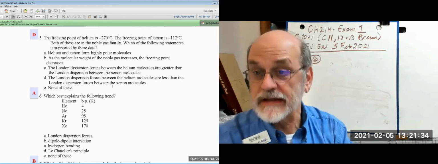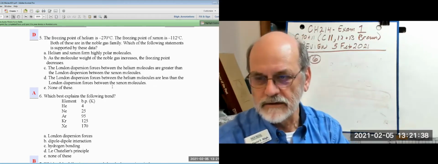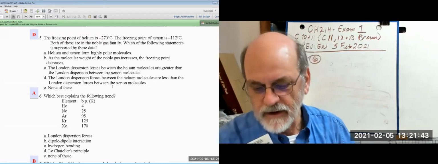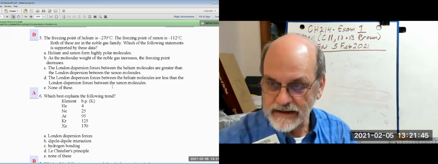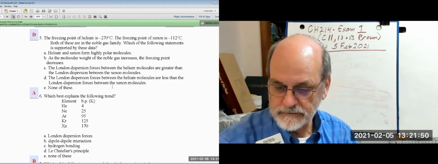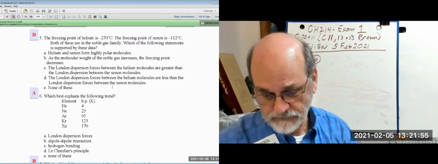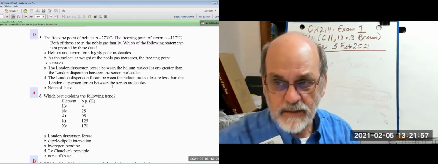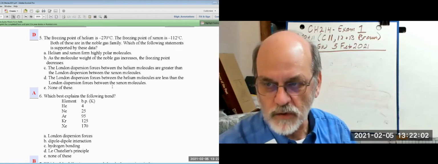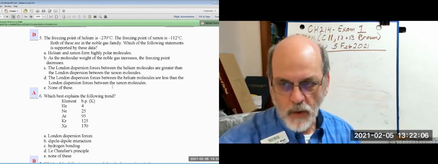These values are in Kelvin, right? So helium is 4K. We don't say degrees. 4K for helium, and xenon is 170K. So you're increasing. In fact, I think liquid helium is the coldest substance that we've been able to manufacture, in large quantities anyway.